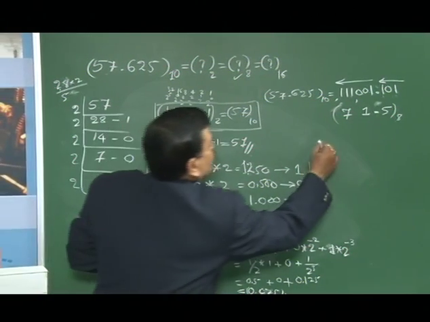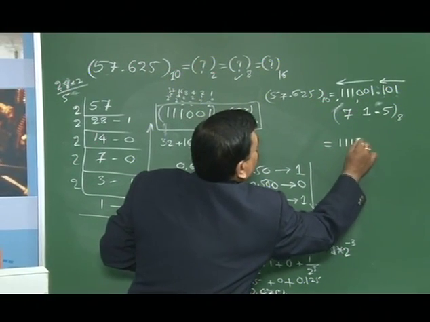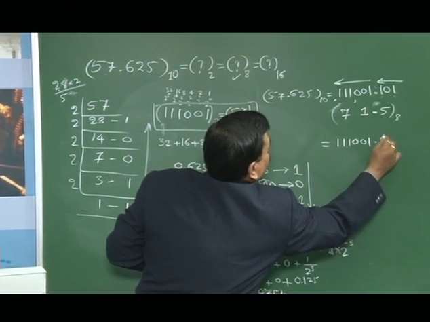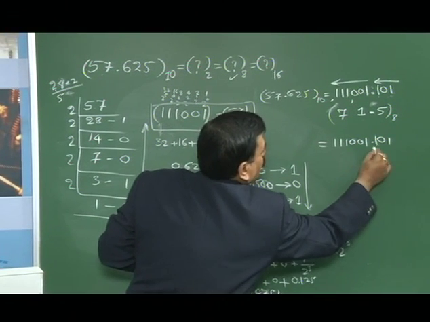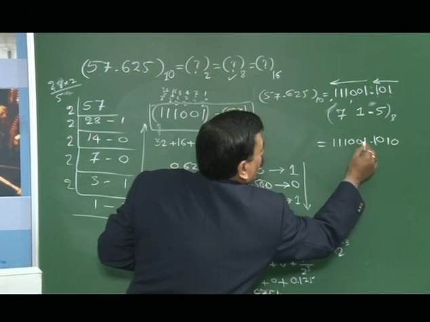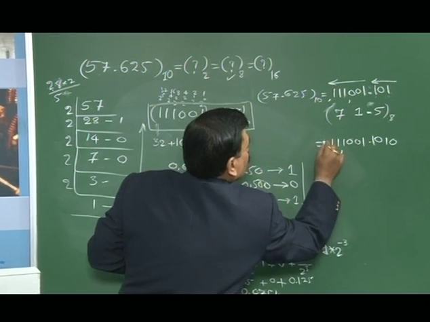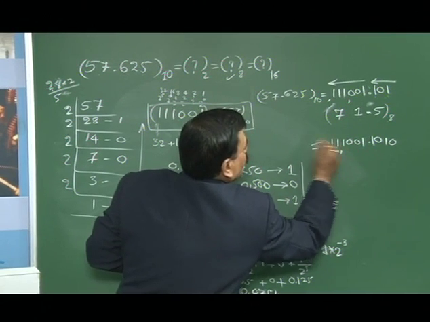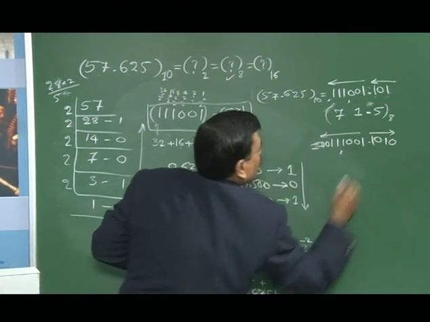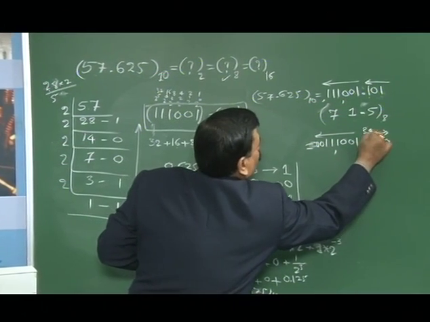Then the last one: instead of doing 111001.101, if you add here 1 0 and 1 2 3 4, that is 2 zeros, then you can convert this into a hexadecimal number. So 8421.